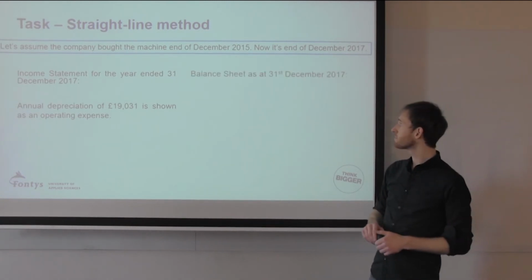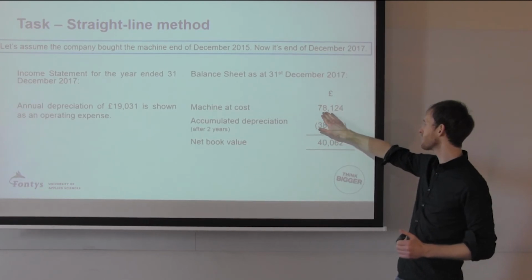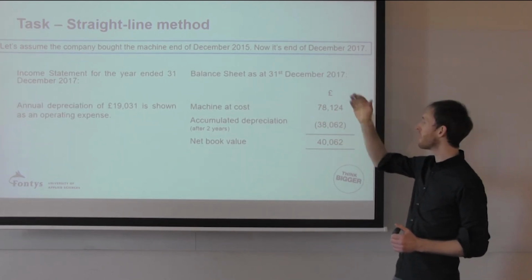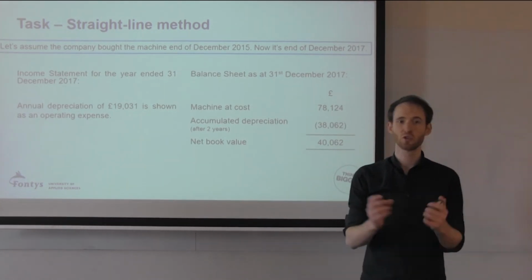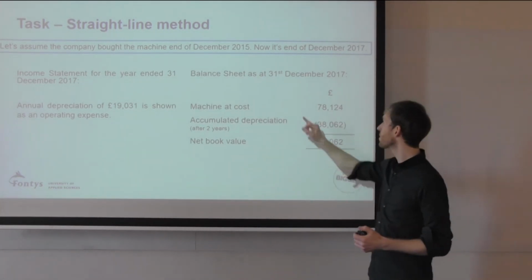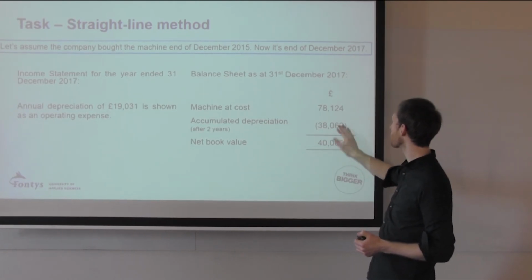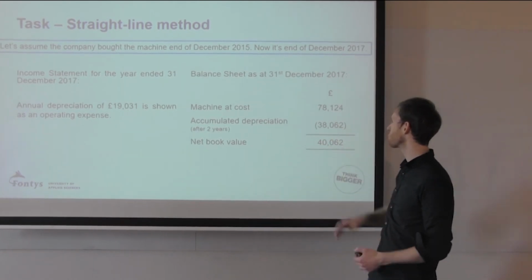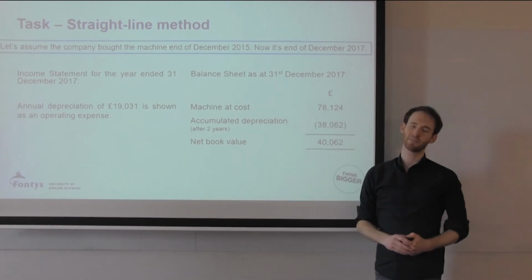Well, we have an asset. The asset was worth 78,124. But after 2 years, of course, we have 2 times the depreciation. So 2 times the 19,031, which gives us 38,062. If we subtract that, we get to 40,062, which is the new value of the asset after 2 years.